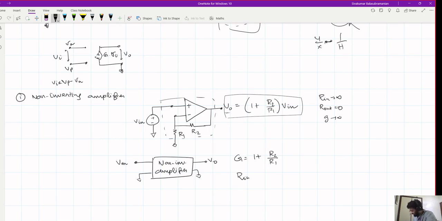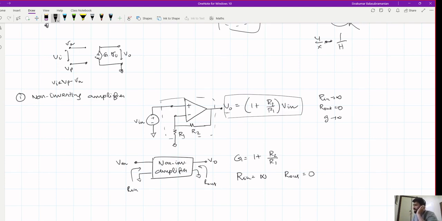What is the input impedance of the non-inverting amplifier? Infinity. Yes, infinity. What about the output impedance of this amplifier? Zero. This is R in, this is R out, which is 0.